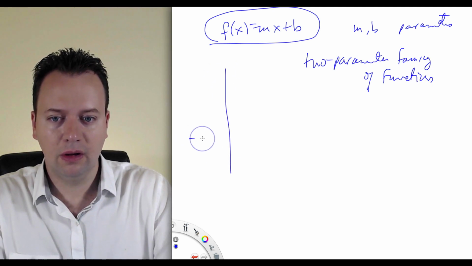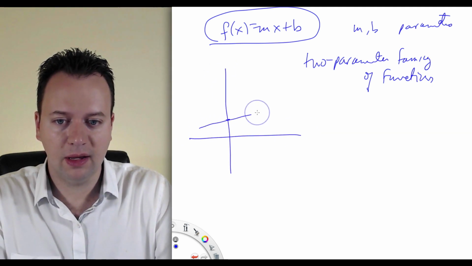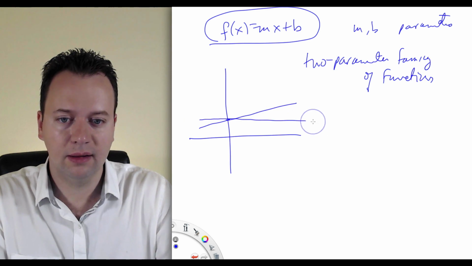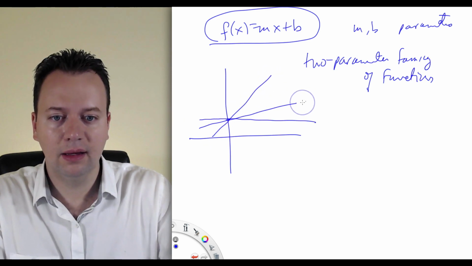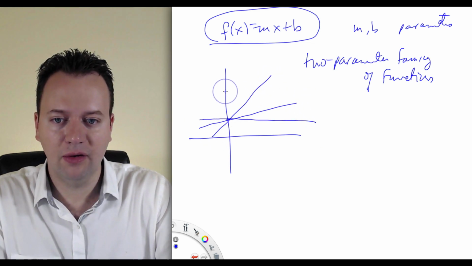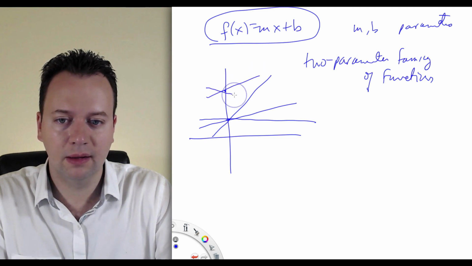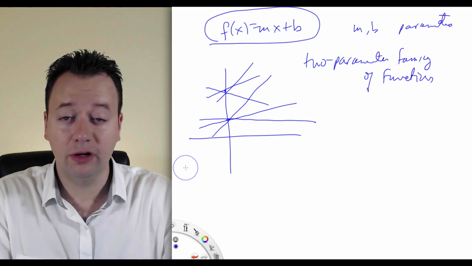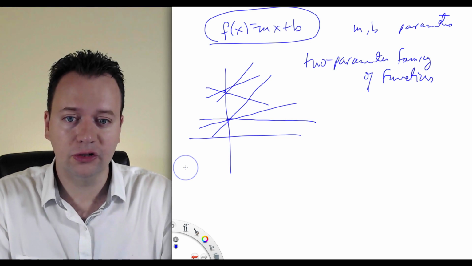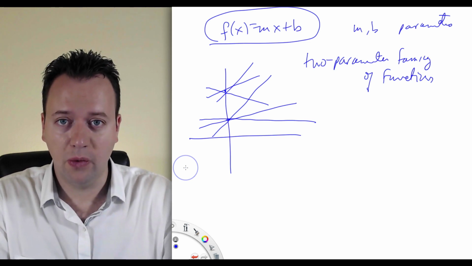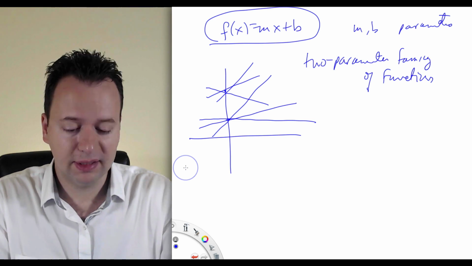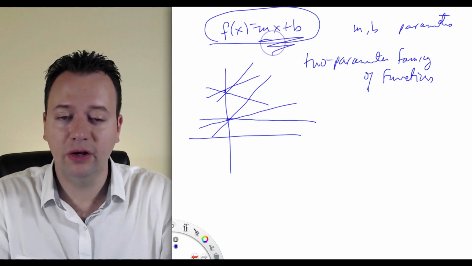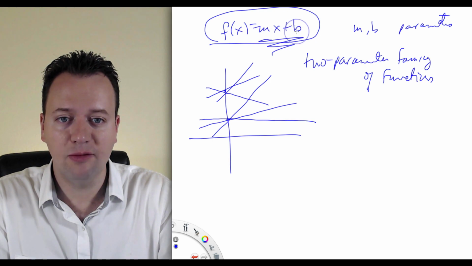So for a fixed b, you might get a function like that, like this, like that. These are different values of m. And then for other values of b, you get more functions. So it's a whole family of functions that are related. They're all linear functions, and they have the same basic form, but you just have different numbers standing in for m and b.